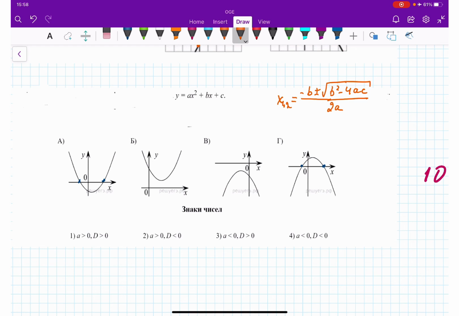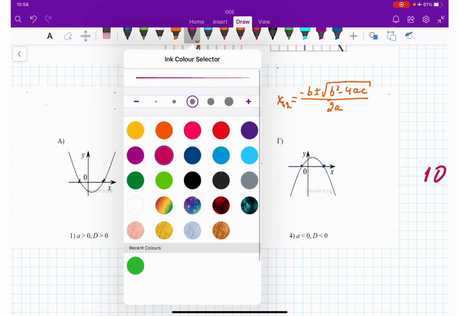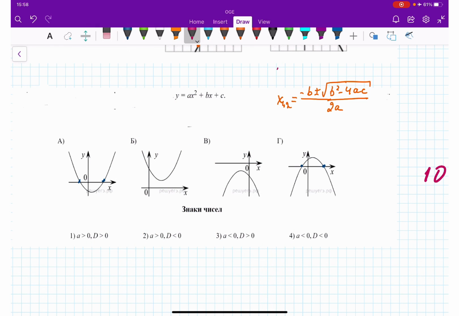So, most importantly, the discriminant is what we call b squared minus 4ac.